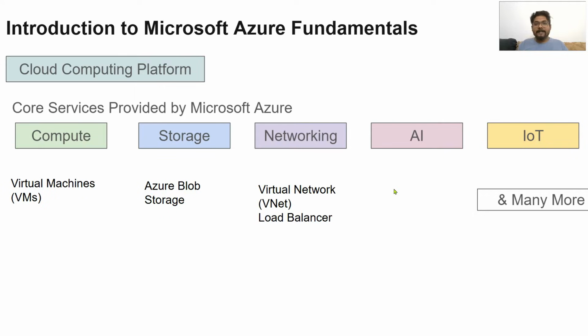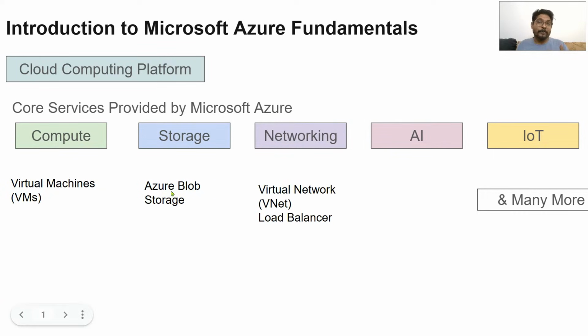At the moment, let's understand the core services provided by Microsoft. Services means, let's say, the products. The core services that I can get from Microsoft Azure are compute. For example, I need some virtual machines, I can get them from Azure. I need some storage related solutions, I can get them from Azure.